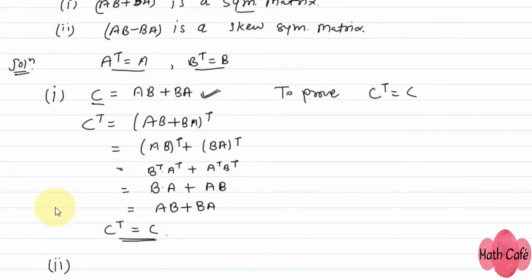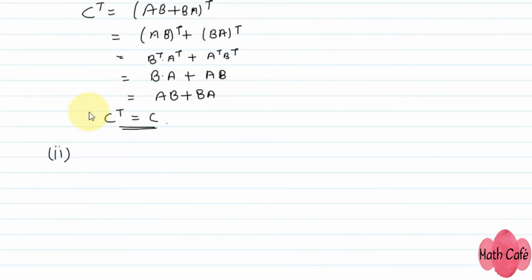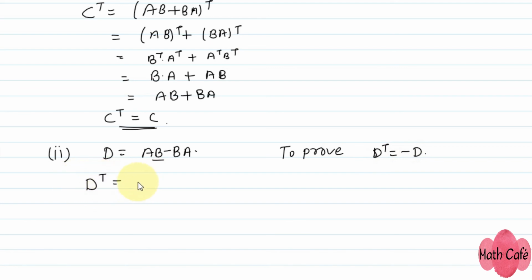In the second part, we need to prove that AB minus BA is a skew symmetric matrix. Let's say this is matrix D, which is AB minus BA, and we need to prove that D transpose will be equal to minus D if D is a skew symmetric matrix. So we obtain D transpose, that is nothing but AB minus BA whole transpose.